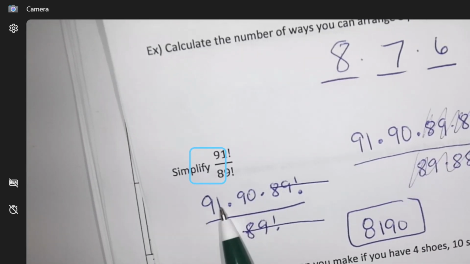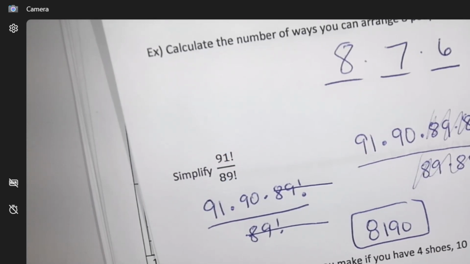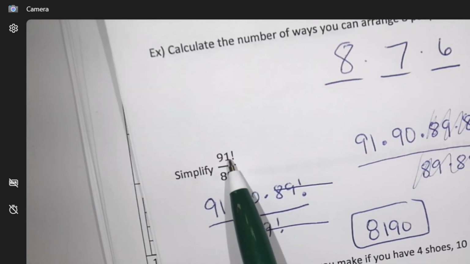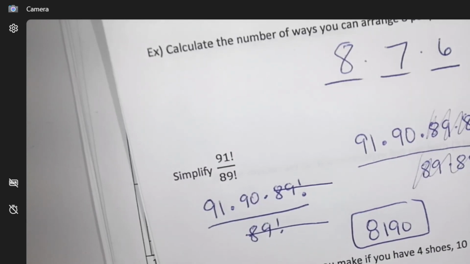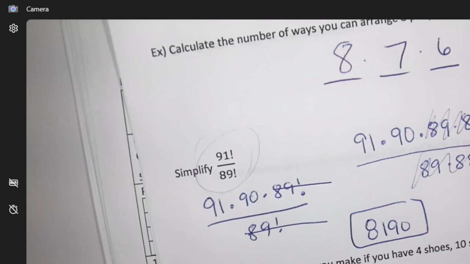Okay, so I'm going to type 91 times 90 in my calculator. So if you think that you can just type that into your calculator, you would never be able to type like the original. You wouldn't be able to type that into your calculator. It won't do it.